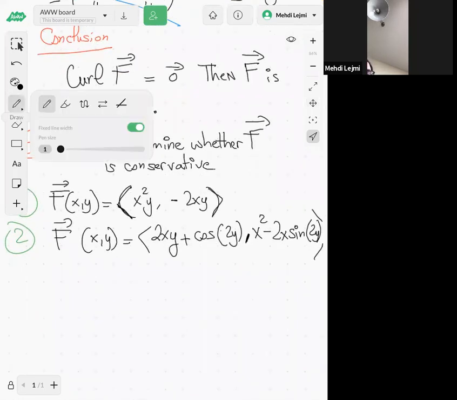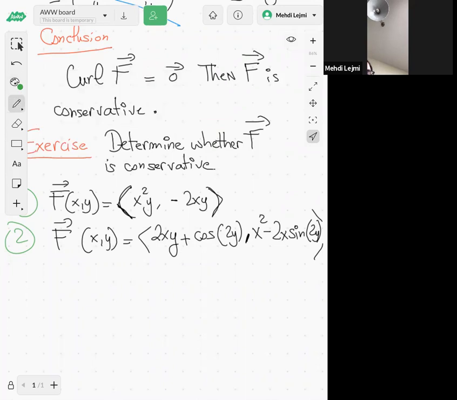Now, last problem, it will be a three-dimensional vector field. So F of x, y, z is equal to x over x squared plus y squared plus z squared, minus 6x.